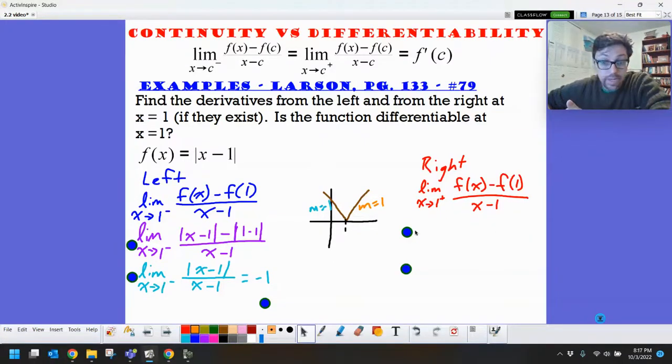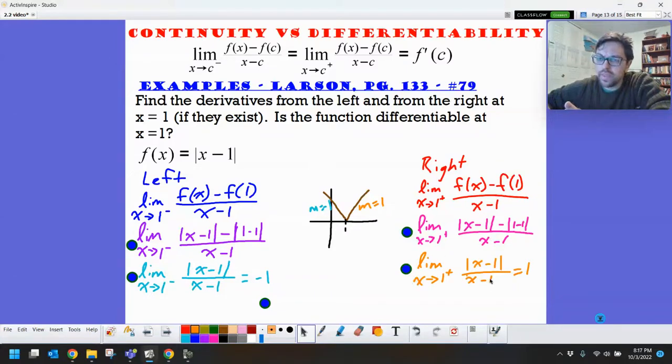As we come in from the right, same deal, the same setup. But now we use numbers that are bigger than 1, say 40. 40 minus 1 is 39, absolute value positive 39. 40 minus 1, again, is 39. 39 divided by 39 is 1. So our slope is 1 as we're coming in towards 1 on the right.